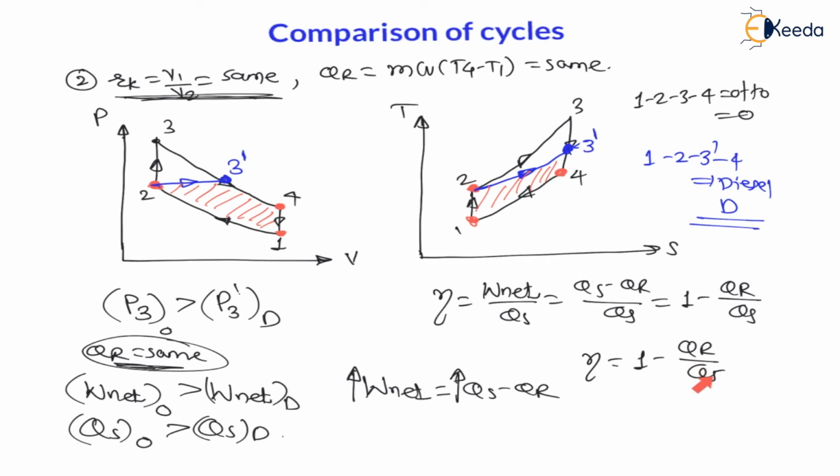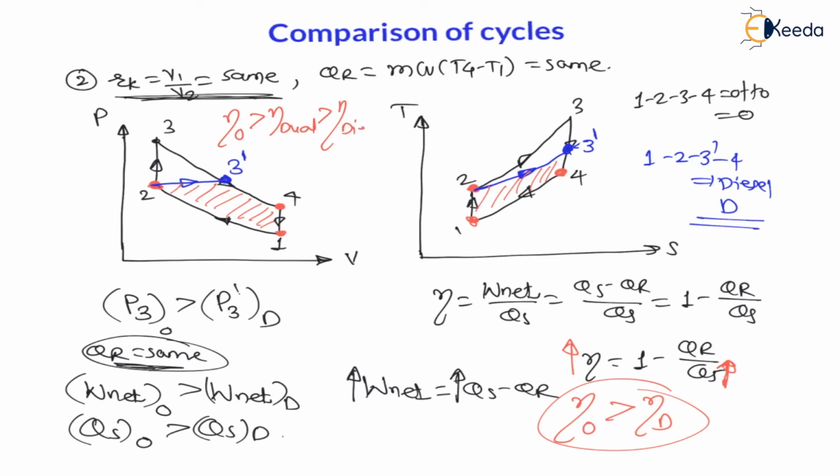Therefore, as heat supply increases, this ratio decreases and the 1 minus factor increases. So as heat supply increases, efficiency also increases. Heat supply is more for Otto. Therefore, efficiency of Otto is more than efficiency of diesel. Therefore, whenever the compression ratio is the same and heat rejection is the same, the efficiency of Otto is more than the efficiency of dual, which is more than the efficiency of diesel.